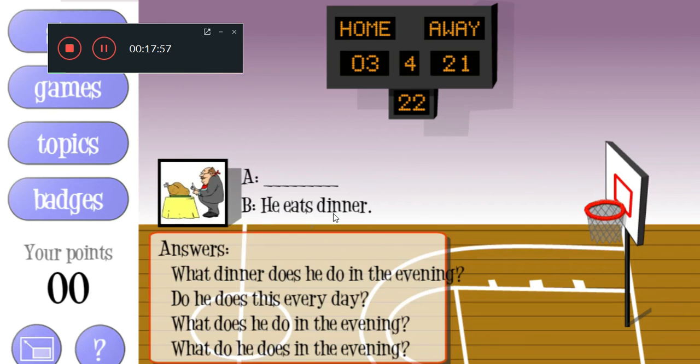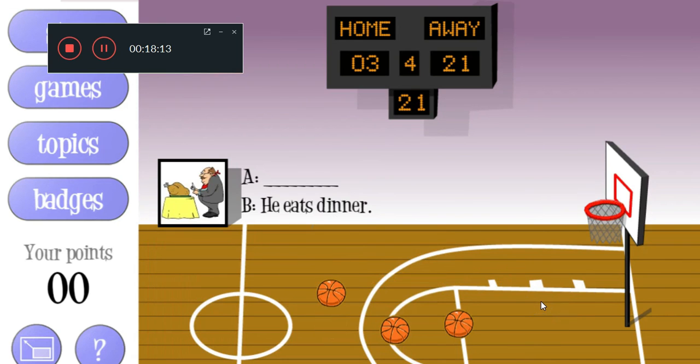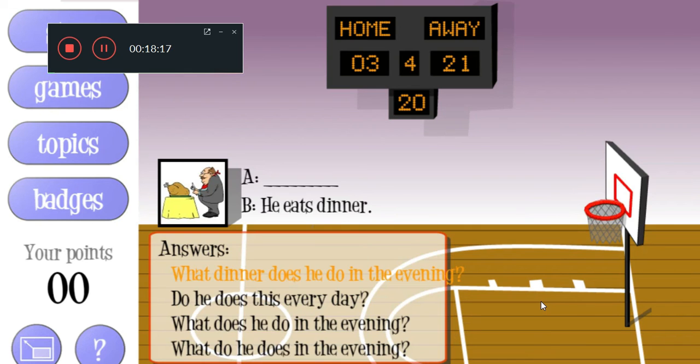He eats dinner is the answer. It's giving me an information. We're going to try with this one. We will see if that one is the correct. See, that's too bad, when you mess up, then you fail the shot.